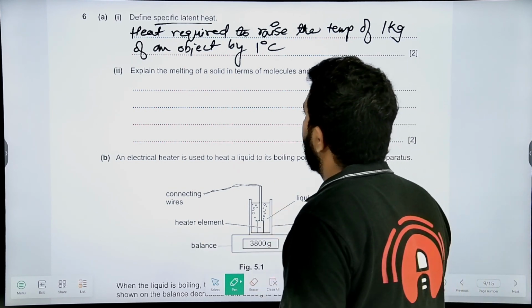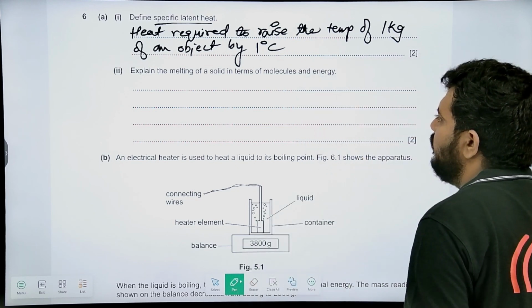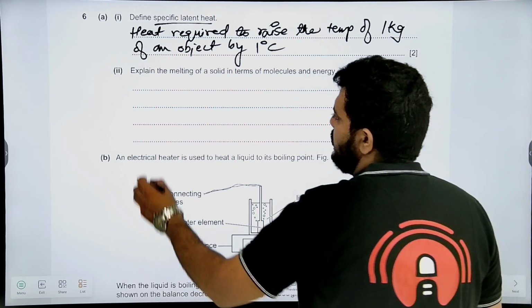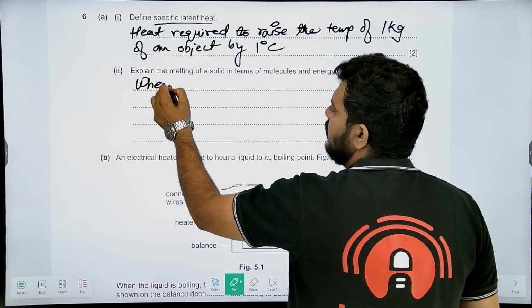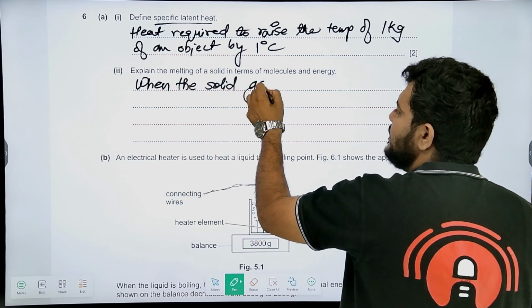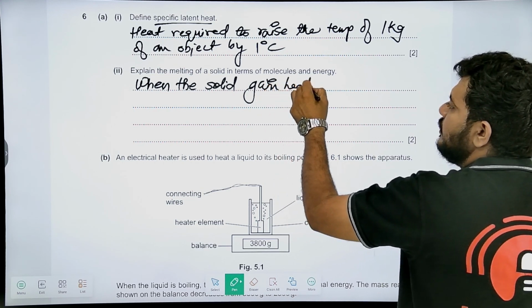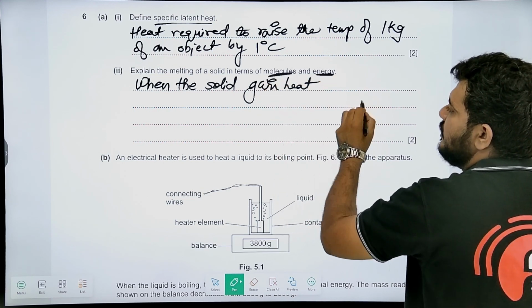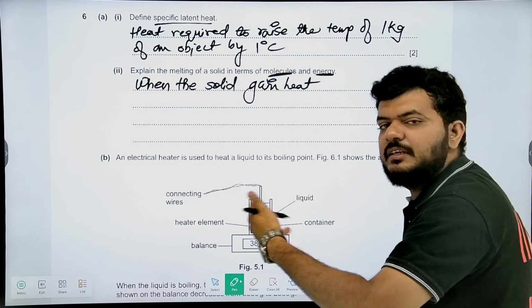Explain the melting of a solid in terms of molecules and energy. When the solid gains heat, right? They've asked molecules and energy. So gains heat, energy.